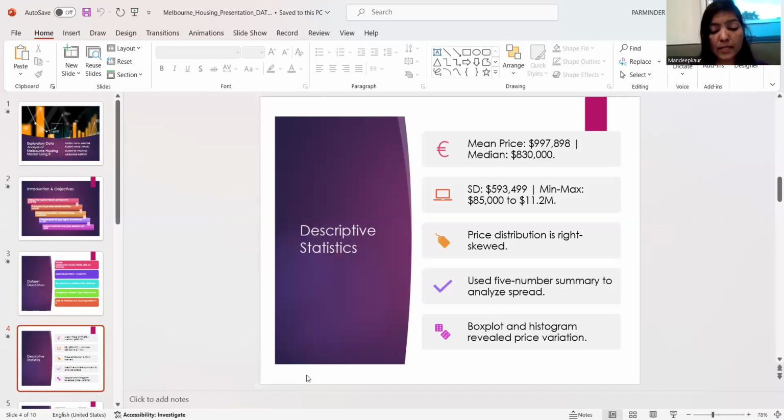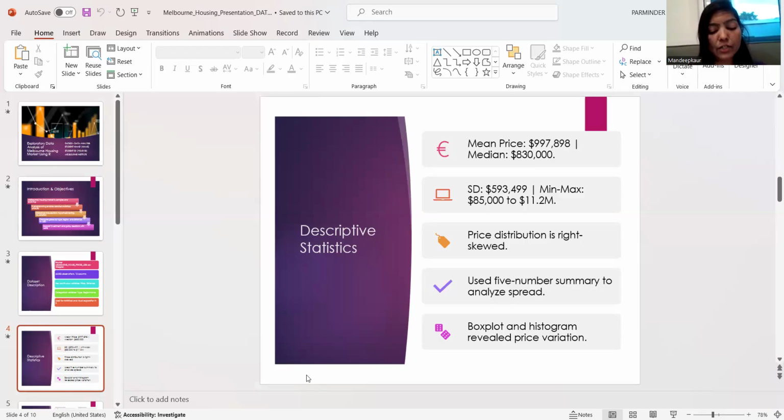It helps to summarize the central tendency and spread of house prices. The average property price was approximately 9,99,899 with a median of 83,000, indicating a right-skewed distribution. Prices range from as low as 85,000 to as high as 11.2 million, highlighting substantial variability.